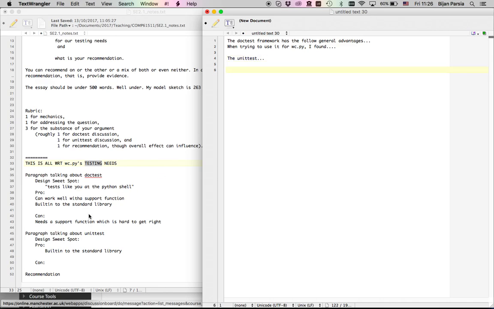And then in the end, I still need this recommendation. And I said, in light of the common benefits, both are okay. Something like that, I could write. I could say that, but I would need to say more about why these common benefits make them both okay.